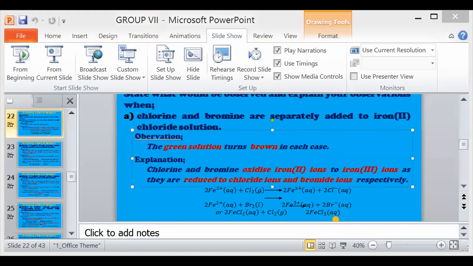What's happening? I'm having issues with the screen share here. I don't know where the problem is.